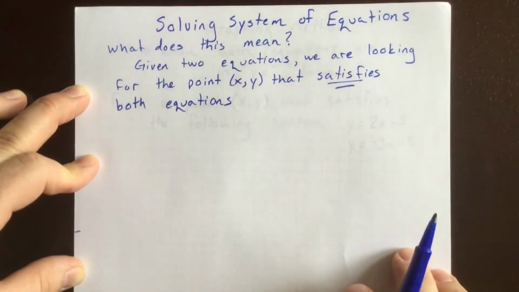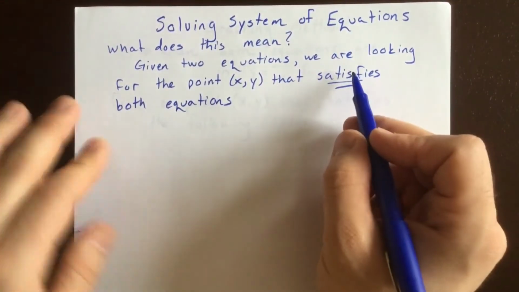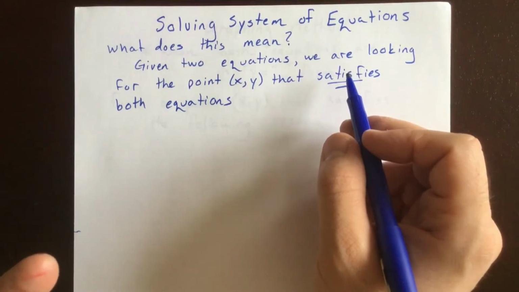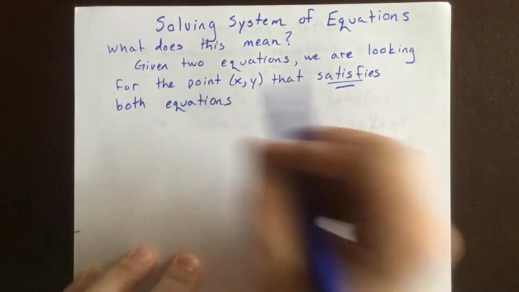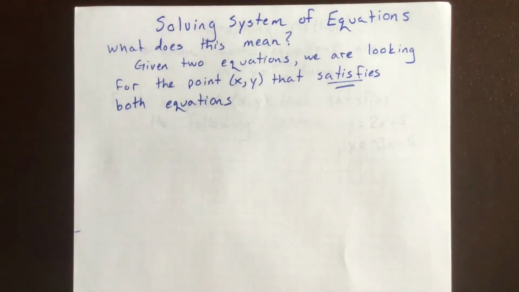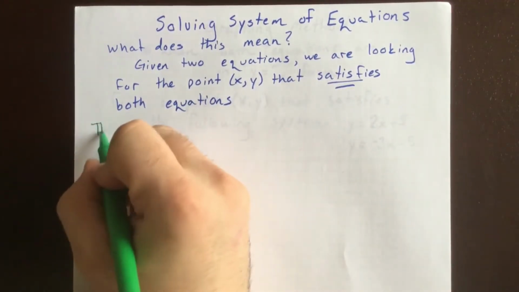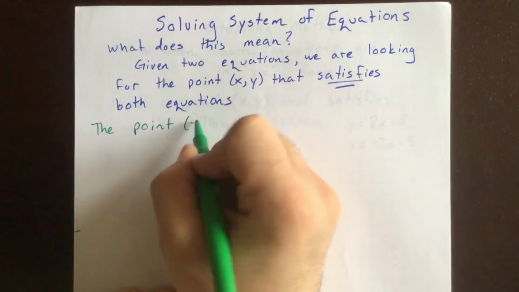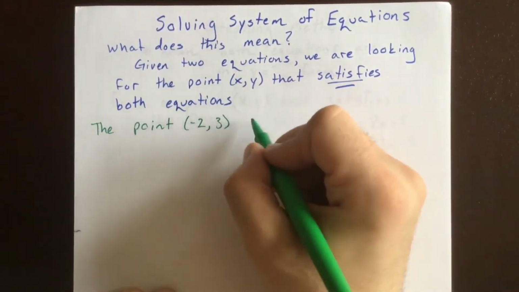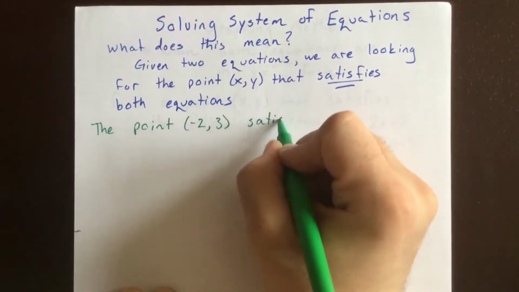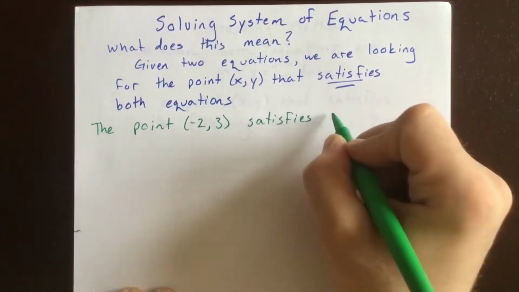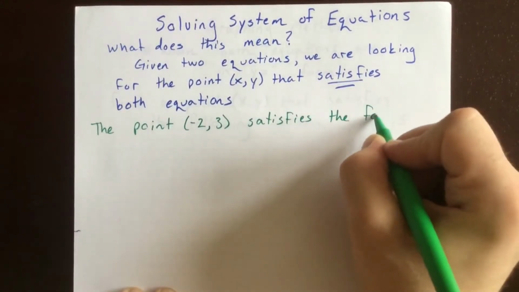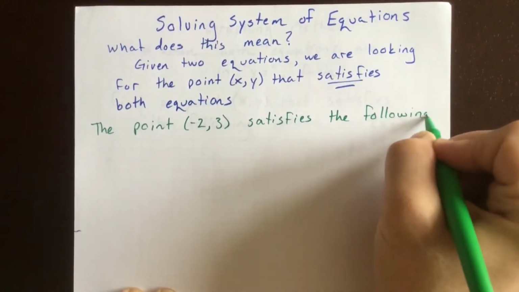Okay, so this word satisfies, what does it mean to satisfy an equation? I can tell you, just as an example here, the point (-2, 3) satisfies the following equation.